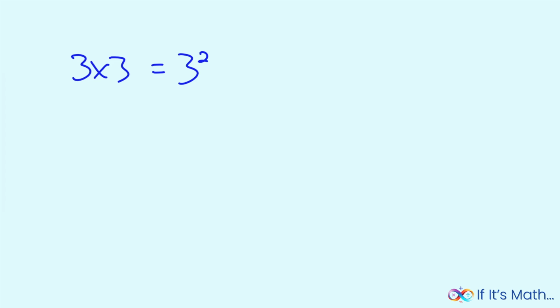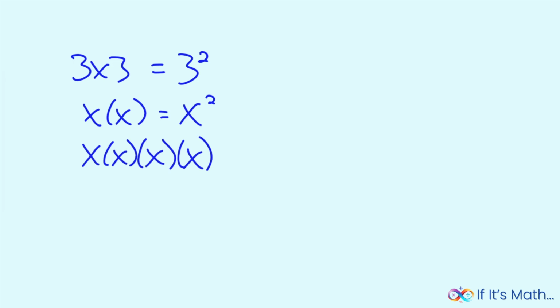So the same thing if you have x times x, that gives you x squared. So again, that exponent represents repeated multiplication. So if we have x times x times x times x, we've got 4 of them now. So that's x to the 4th power. So that's really all you do.